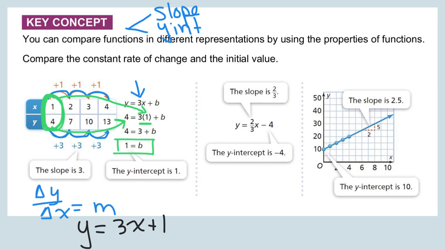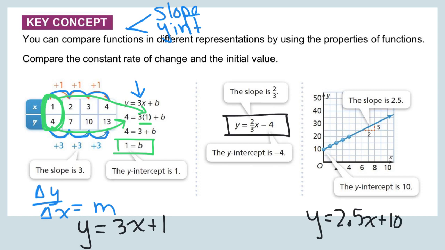All right, if they give you the equation, super duper. And if they give you a graph, you are going to go ahead and count up and over. They did that for us. Y equals 2.5x plus the starting point of 10.